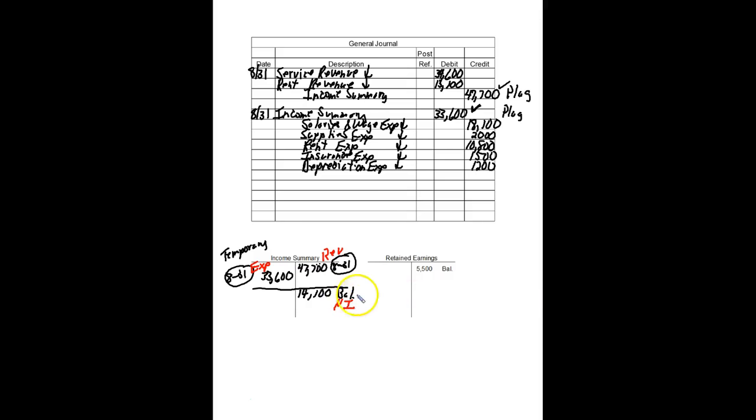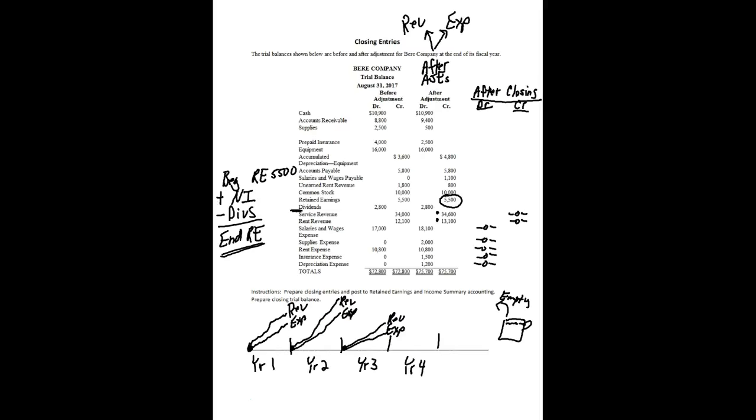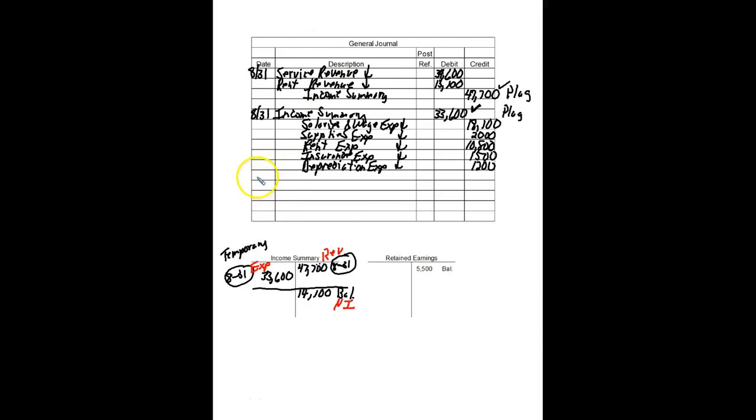Now, what balance sheet account do we want to put net income into? Well, let's go back here. Remember our statement of retained earnings? We have a beginning retained earnings. Net income causes it to go up. So our third closing entry on 8/31 is going to zero out income summary, right?